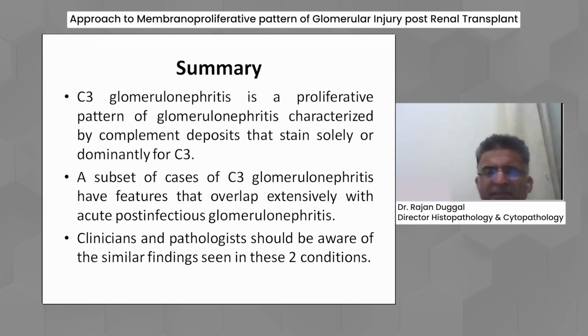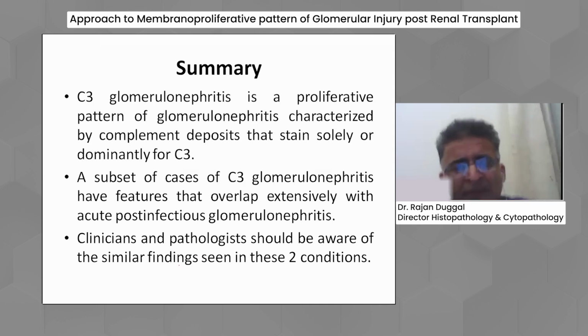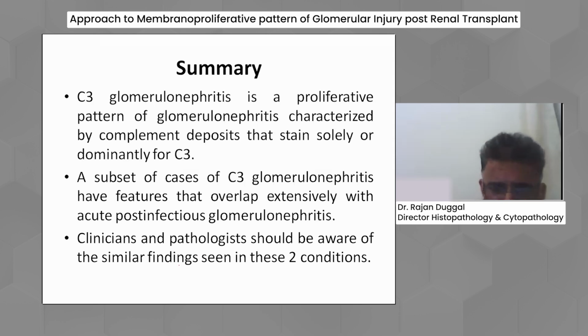C3 glomerulopathy, as we know, is a proliferative pattern of glomerulonephritis, characterized by complement deposits that stain solely or dominantly for C3. A subset of cases of C3 glomerulonephritis have features that overlap extensively with acute post-infectious glomerulonephritis. As clinicians and as pathologists, we should be aware that similar findings can be seen in both these conditions.